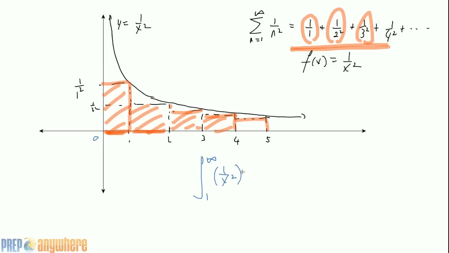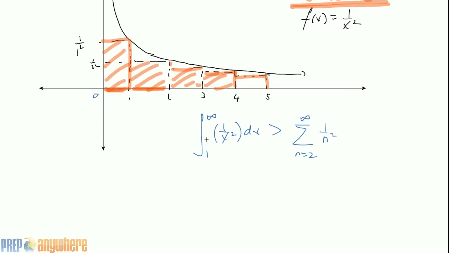So this integral is definitely bigger if you just omit this first rectangle. If you omit that one, you can say the sum from n equals 2 to infinity of 1 over n squared. Then we can say if this improper integral is converging, since this is smaller, this will also converge.